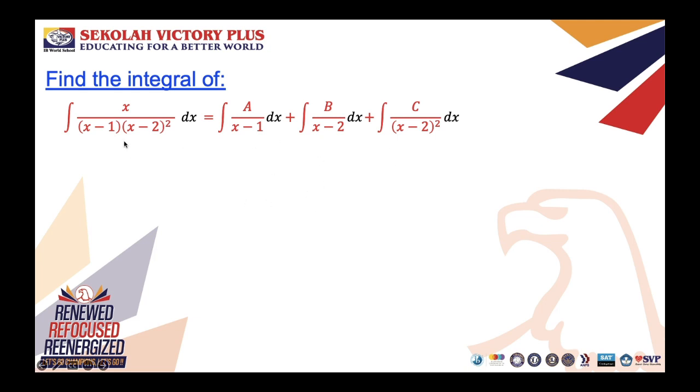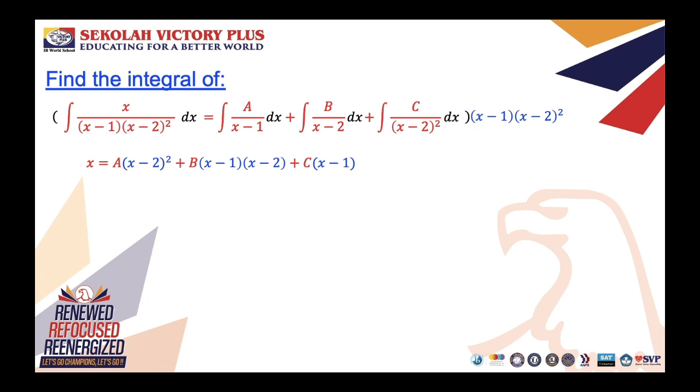So as we continue, remember to simplify this, multiply all by the LCD, which happens to be this. Alright? So for this one, everything will be cancelled, thus you will get x. For the first partial fraction, only x minus 1 will be cancelled, leaving you with x minus 2 squared times the numerator, and so on and so forth.